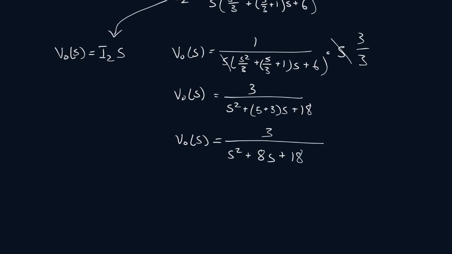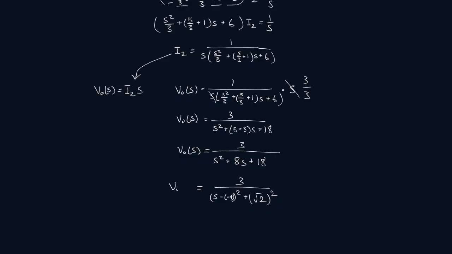And then we will factor this out. So s plus 4 squared plus 2. So that's the same thing as the square root of 2 to the power of 2. This s can be written as s minus minus 4. Okay, so that's VO of s.